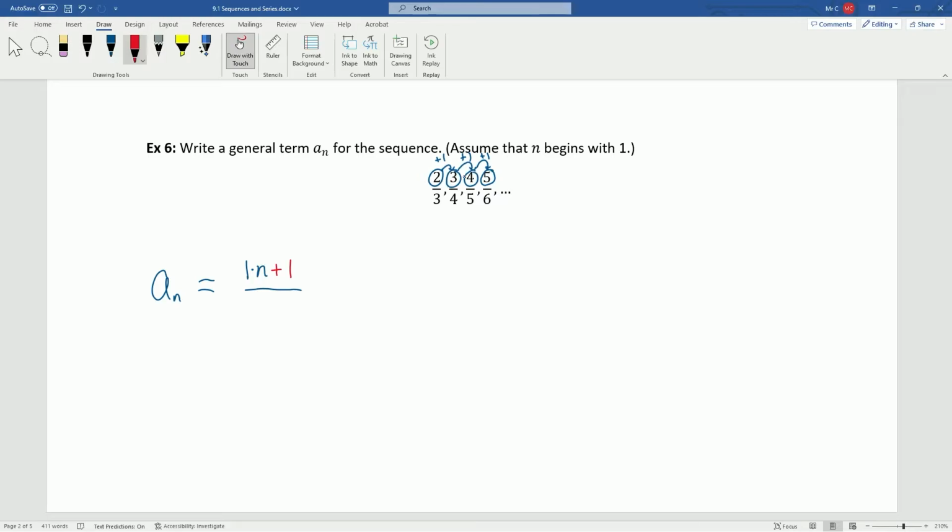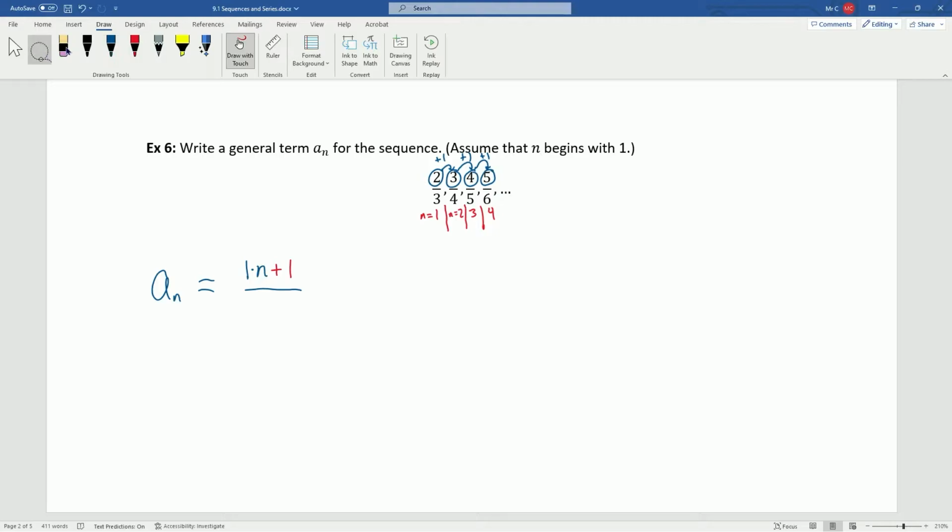So here for n equals 2, and sometimes it helps if you label these things. That way I'm thinking about my n value for each term. Okay, so when I look at my n equals 2, I get 1 times 2 plus 1 is 3. Okay, looks like we're good there.